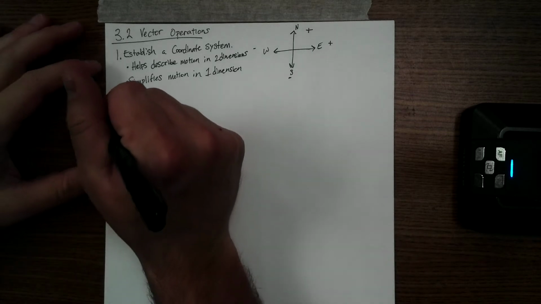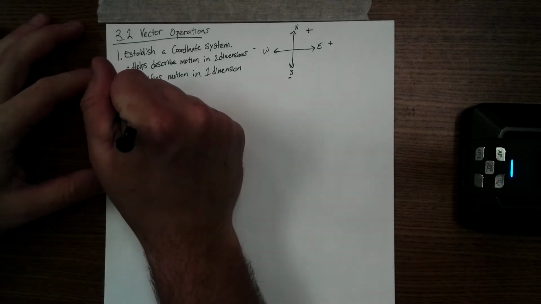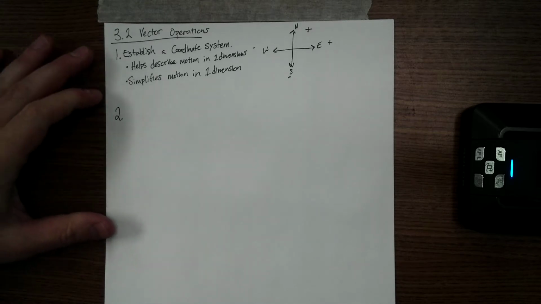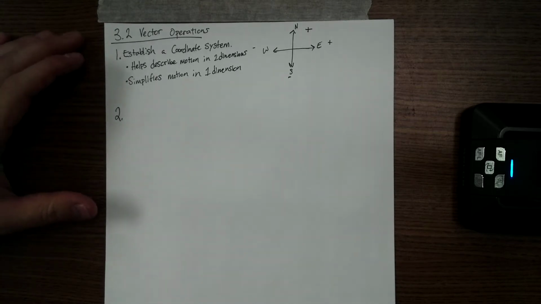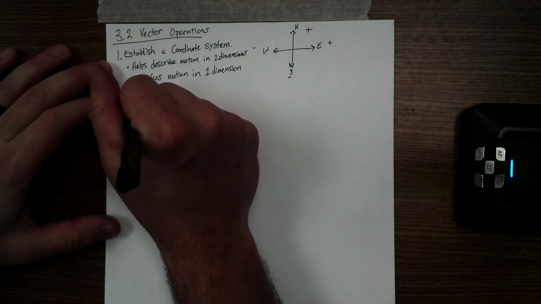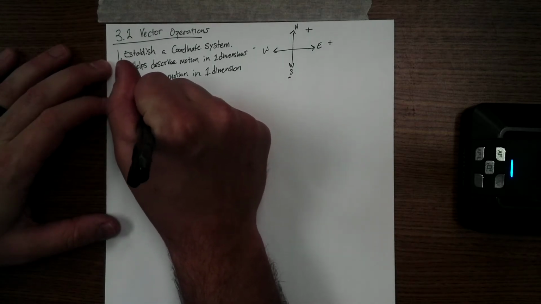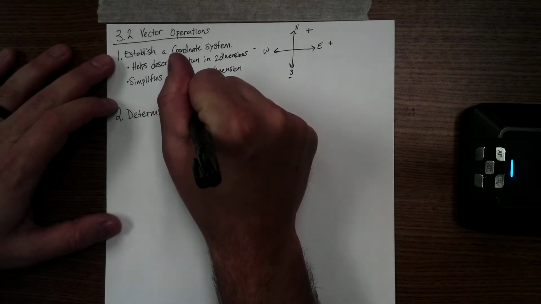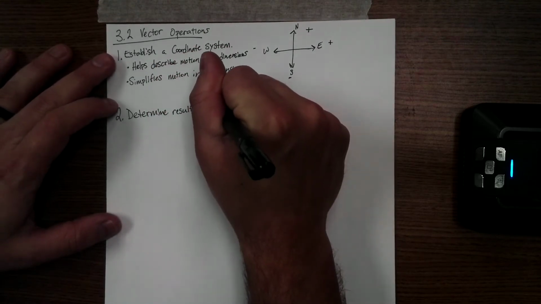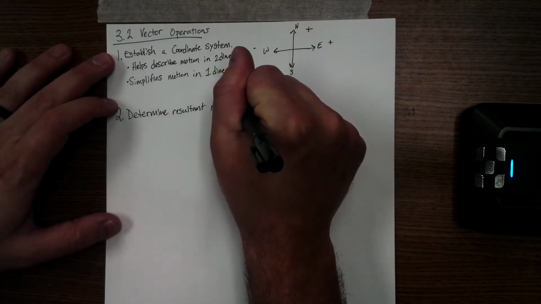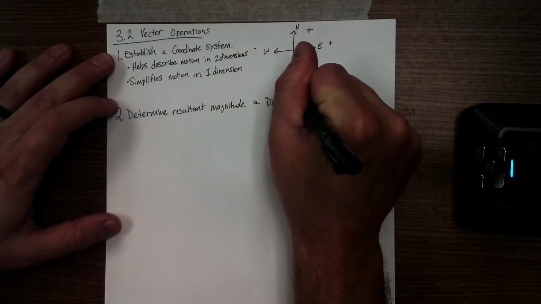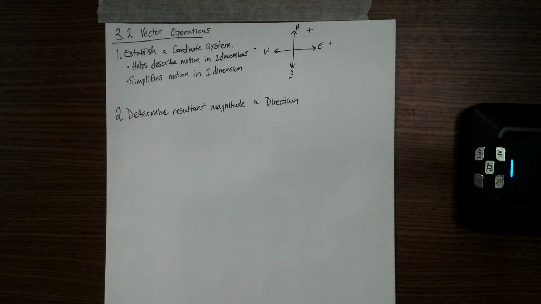Alright? Now, while we are looking at vectors, we're going to be adding them up, moving them around, just like in section 1. So with this coordinate system, we can determine resultant magnitudes and direction. Okay, by adding these vectors up, we can determine these resultant magnitude and directions.